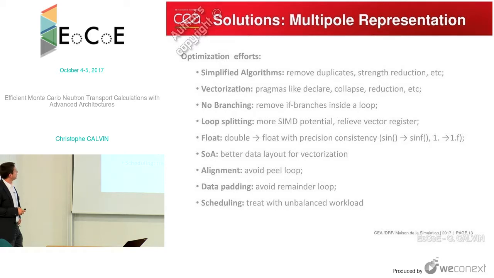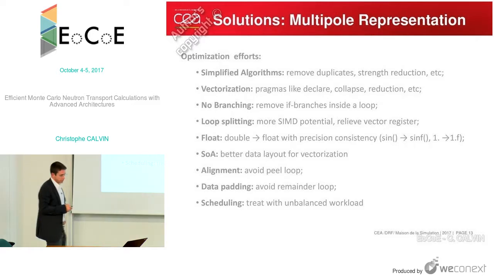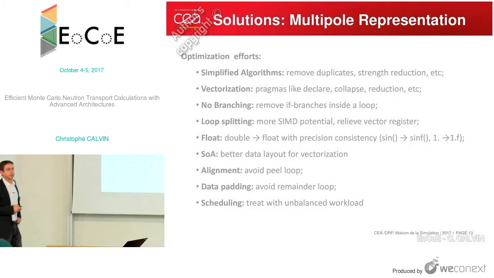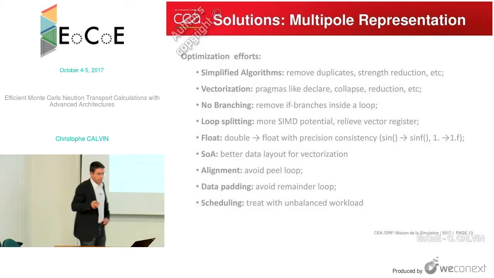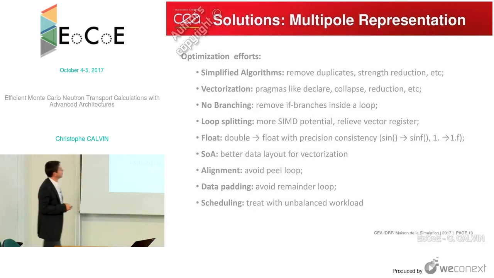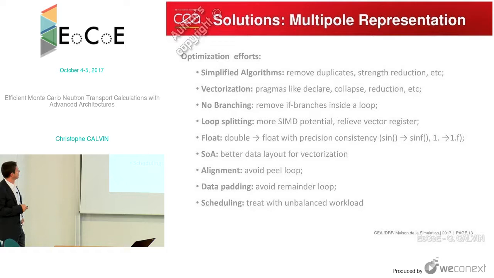Loop splitting. We test also the double to float representation and try to see if we can have some acceleration due to this kind of optimization, and of course look at the precision of the results, not decreasing the precision of the results.